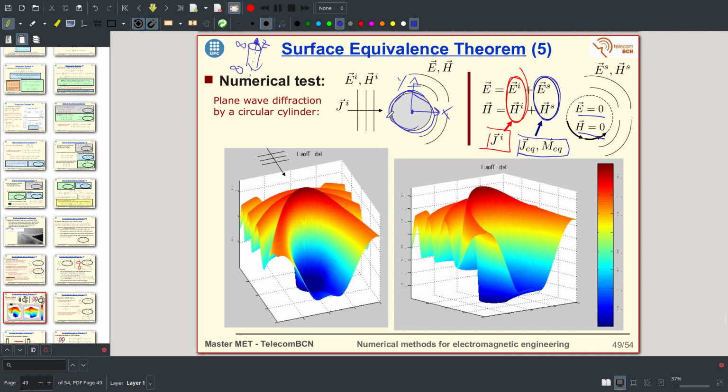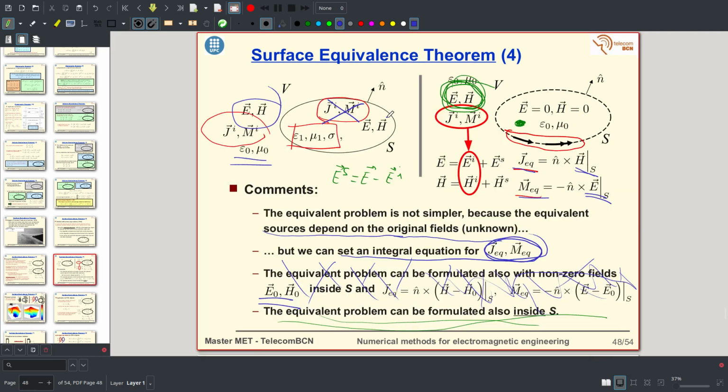Since it has an exact solution, I can easily compute the equivalent currents as the tangent components of electric and magnetic fields along surface S, because we know the electric and magnetic fields that are the solution for this problem.